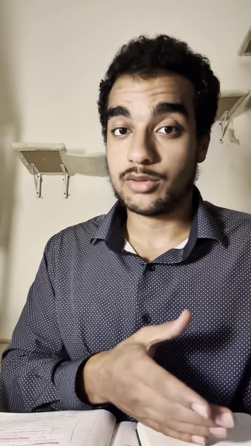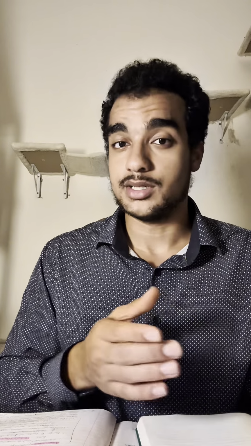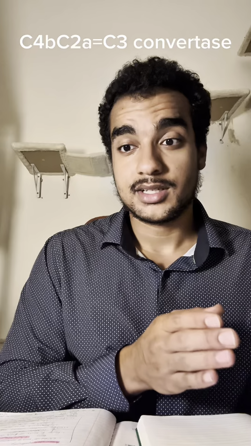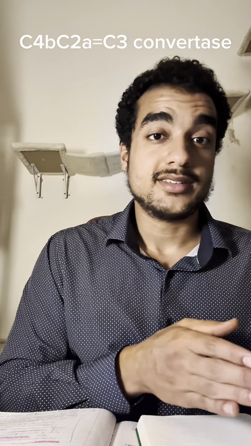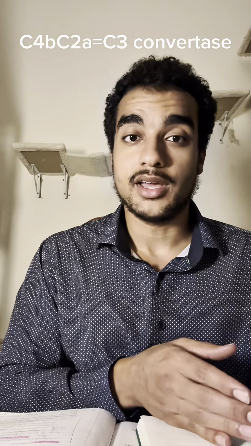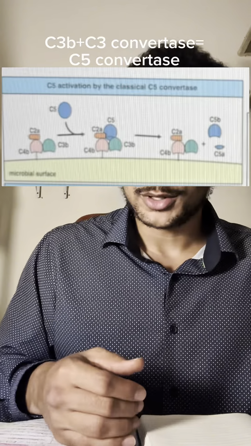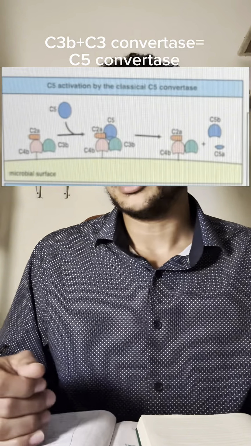Now, if you notice, you got C3b, which is part of C3 that leads to phagocytosis as well as membrane attack complex. And C4b and C2a are C3 convertase. So the C5 convertase for the classical pathway is going to be the C3 convertase plus C3b.